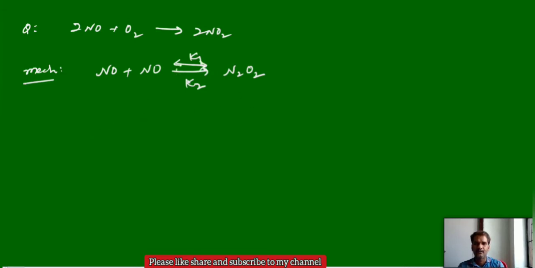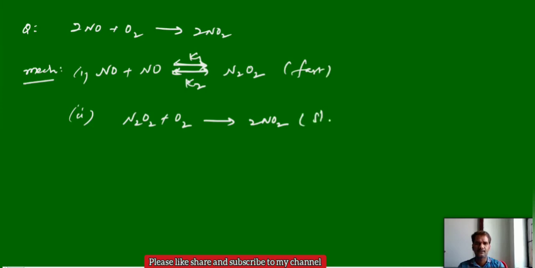This is K1 and this is K2. And the second step, N2O2 plus O2 can give 2NO2, and the first is fast and this is a slow step. Now identify the rate law, the order with respect to NO and the order with respect to O2.